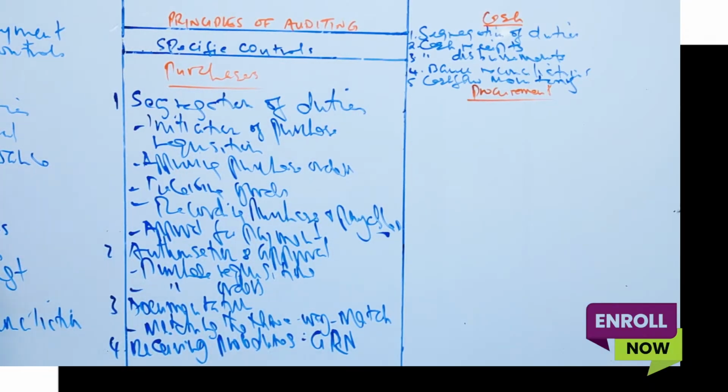Now, procurement is a broader term, candidates, encompassing the entire process of acquiring goods, services, and work, including sourcing, contracting, including vendor management, and sometimes overlapping significantly with the purchases cycle, but extending further. So what are the specific controls on procurement?